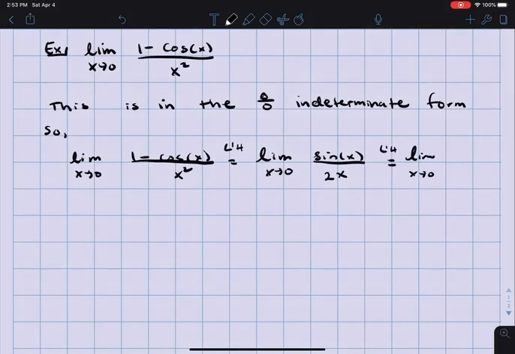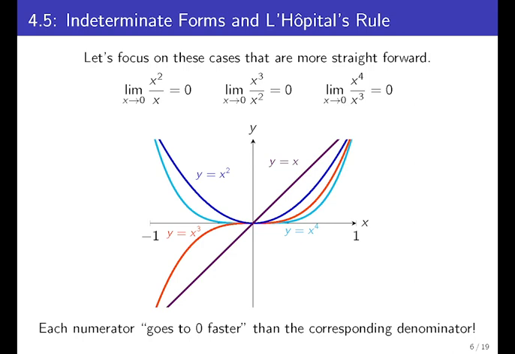So the derivative of the top is now cosine of x, the derivative of the bottom is 2, so we see the limit is 1/2. So this is great because it once again confirms our conjecture that 1 minus cosine of x was going to 0, like a parabola. After these two examples, I feel we can better understand what I was trying to say earlier.